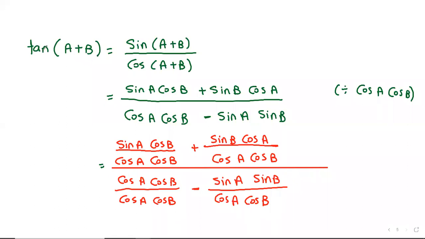If I want to find tan A plus B, the sum of the two angles: tan in general is equal to sine divided by cosine, whatever the angle is.